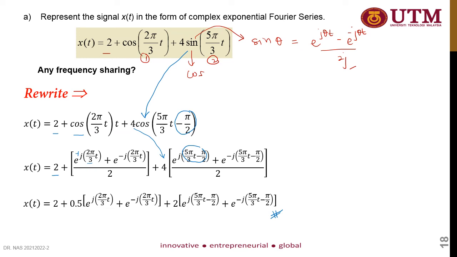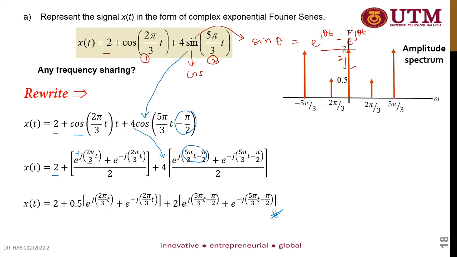So now let's plot the spectrum. Let's start with the first spectrum, the amplitude spectrum. At omega equal to 0, the magnitude is 2. Then you have the first frequency 2 pi over 3, and negative 2 pi over 3.